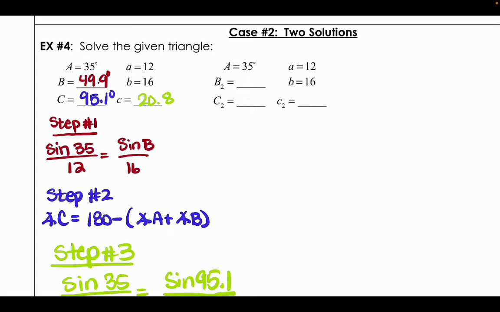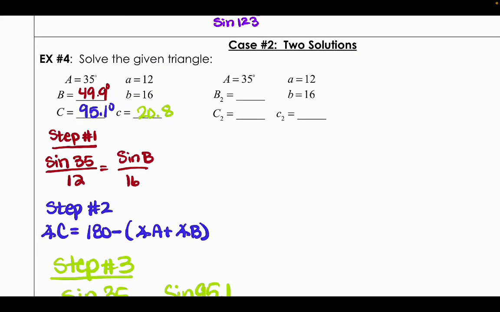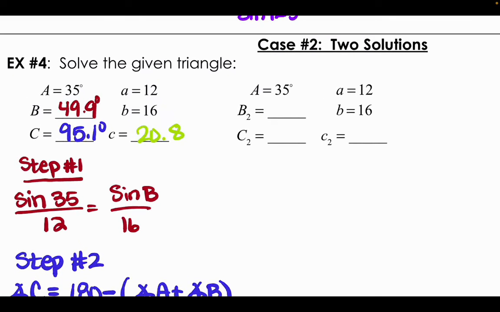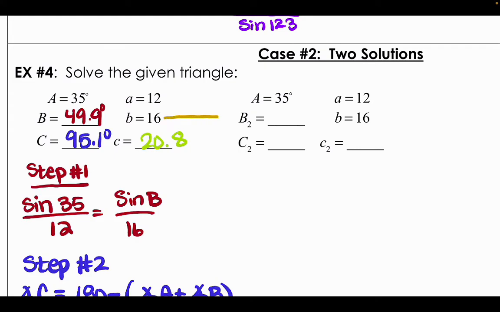So now we have done triangle number 1, and the spoiler is that there are two solutions to this problem. It says subtract 180 from the first angle that we found, which was B. Okay. So 180 minus 49.9 gets me what? 130.1.